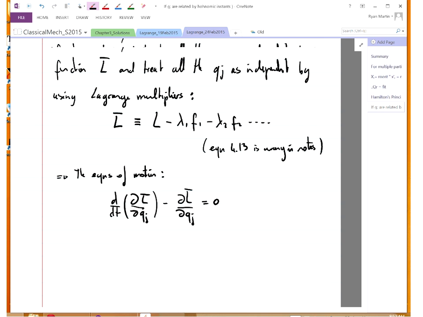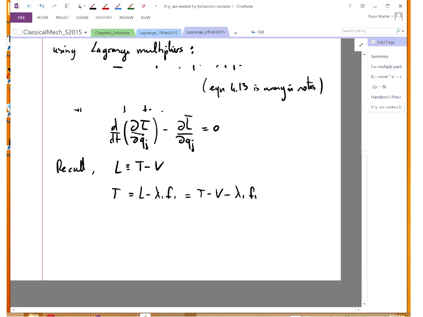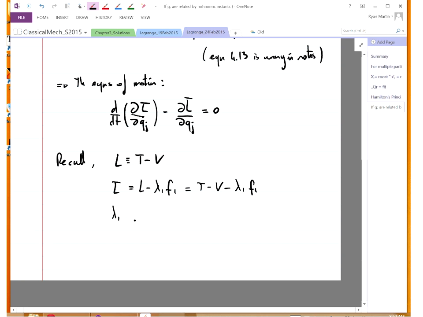So let's go back to this L bar definition. Recall L is T minus V. So if L bar is L minus lambda 1 F1, that's equal to T minus V minus lambda 1 F1. So lambda 1 F1 is like an additional potential energy term.